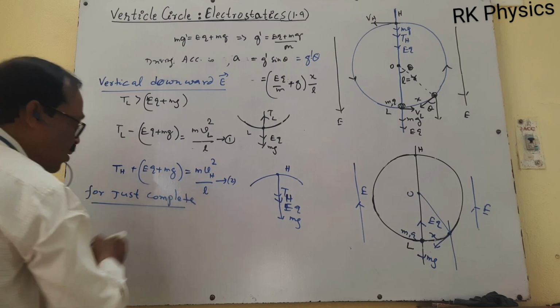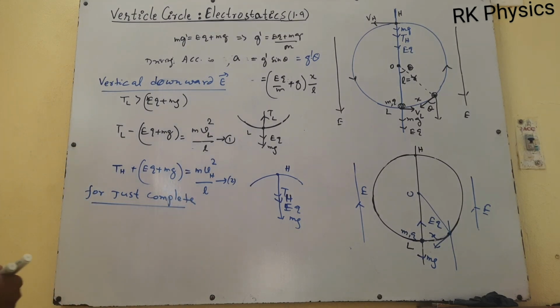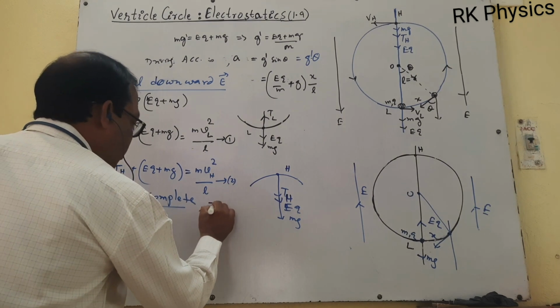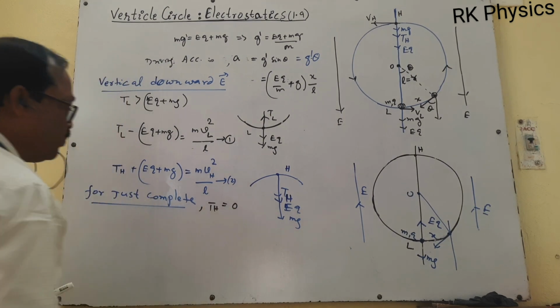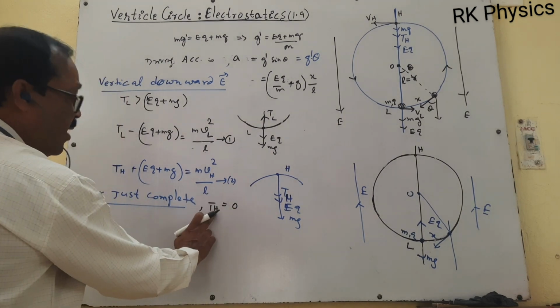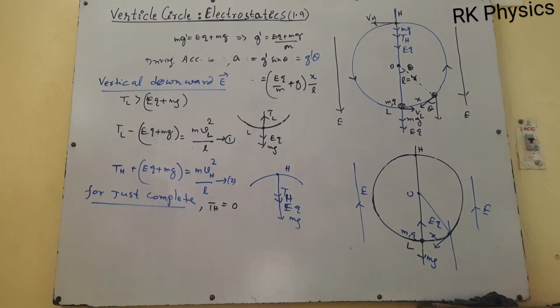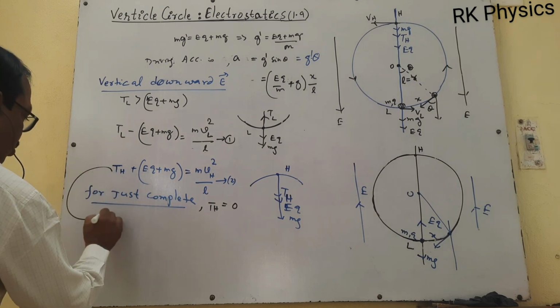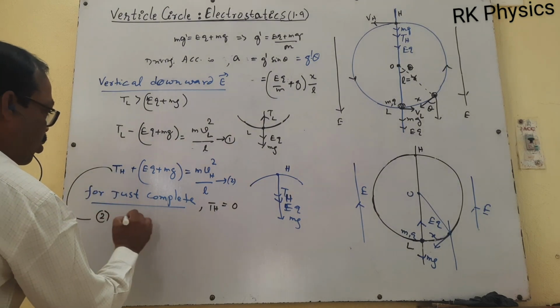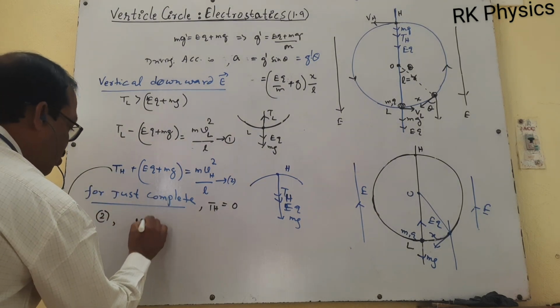Now just to complete the vertical motion, what is TH? That is equal to 0. That means at the highest point tension must be equal to 0. So from equation 2 you can find out VH square.